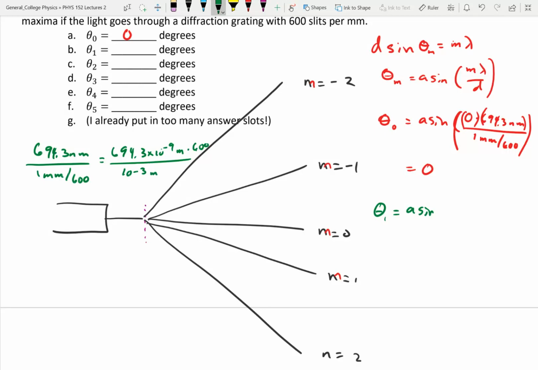And so, believe it or not, I didn't actually calculate that before. I really should have. Equals that. How did I screw that up?